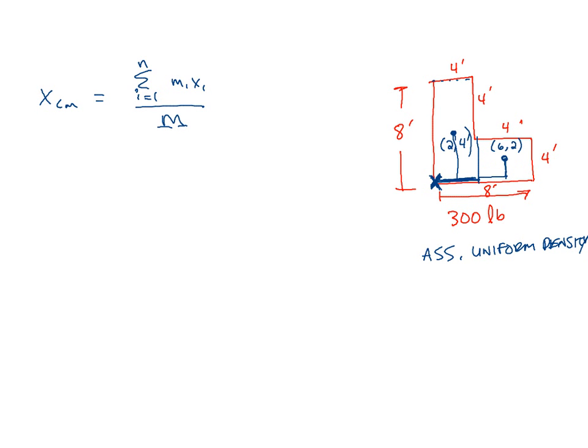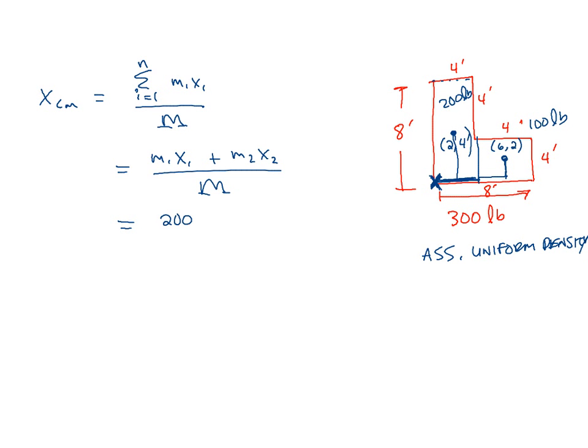So in my case, we're going to say mass number 1 times the x coordinate of piece number 1, and then mass number 2 times the x coordinate of piece number 2, divided by the total mass. If I cut this, and again, uniform density, this would have 200 pounds, and this would have 100 pounds right here, right? The whole thing was 300 pounds, and we could divide that out by the area if we didn't have something that was so nice to work with here.